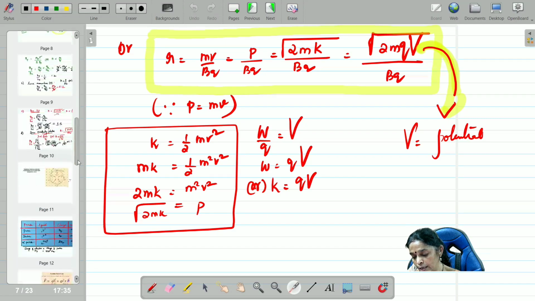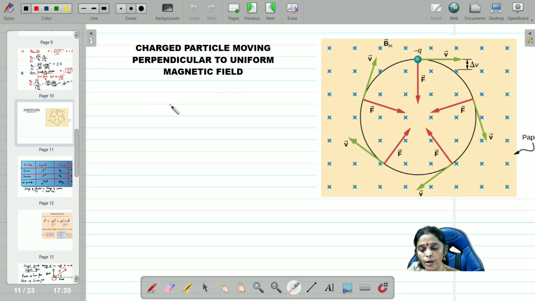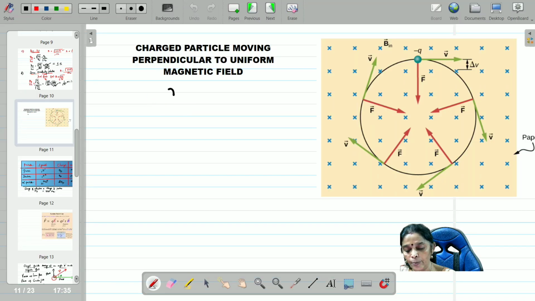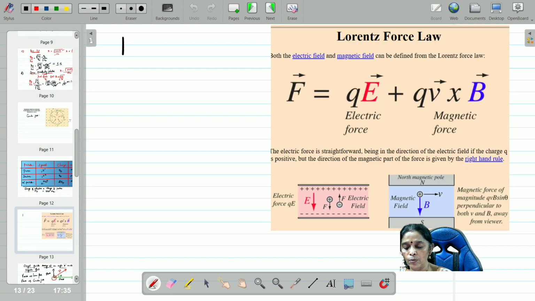Now we are going to see the Lorentz force. This is only for a charged particle moving perpendicular to a uniform magnetic field, and this is a circular path. This we have already seen. Because the velocity is always perpendicular to the force everywhere. So now we are going to see the Lorentz force. Write down Lorentz force.